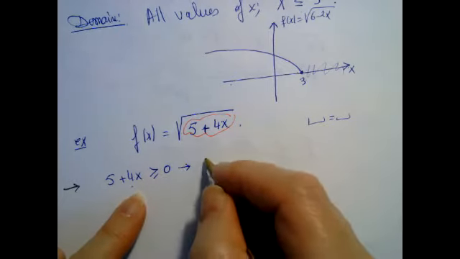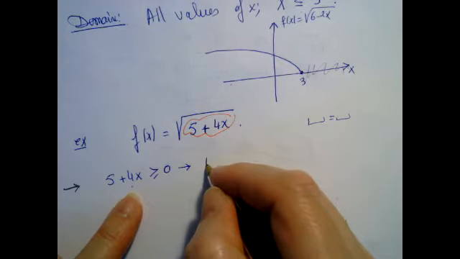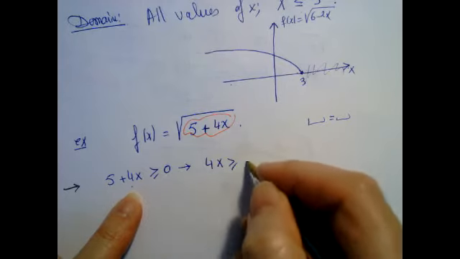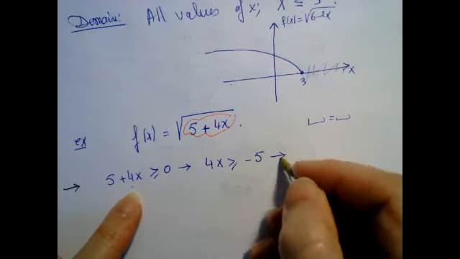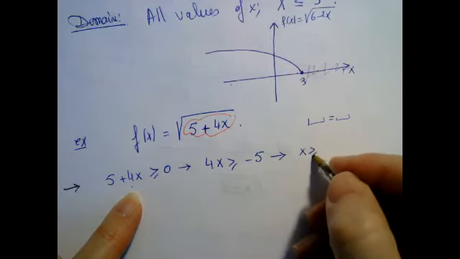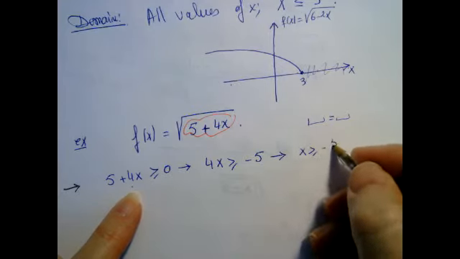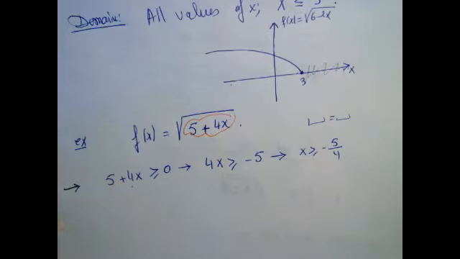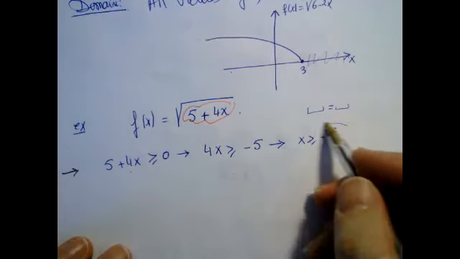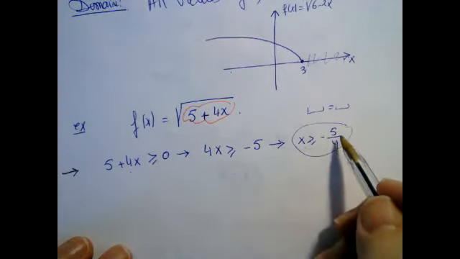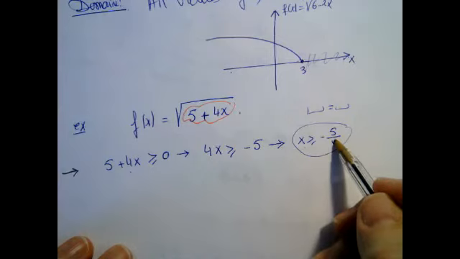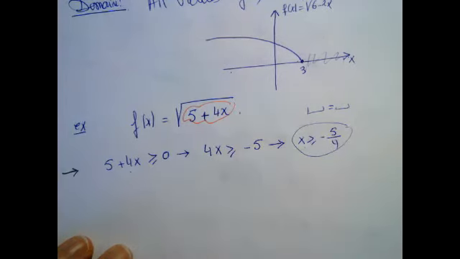Solve it for me. You subtract 5 from both sides. And then you divide by 4. We can do that because 4 is a positive number, so we do not have to change any sign. So this means that if I take any value larger than -5/4, I plug it in here, I get a positive number.